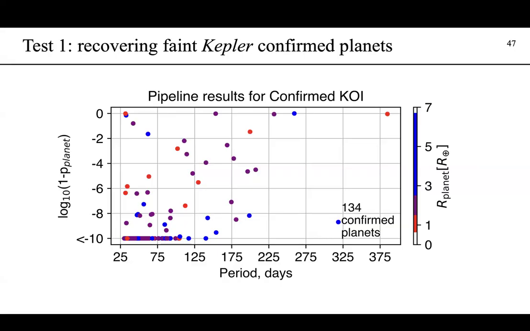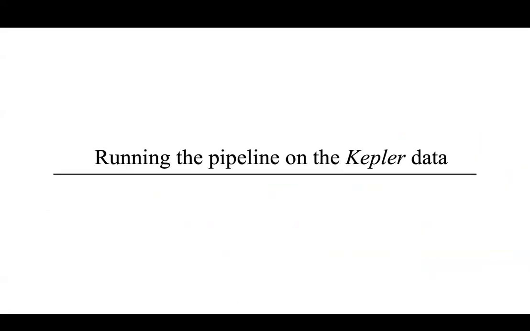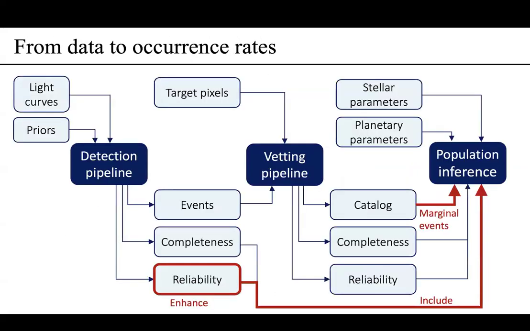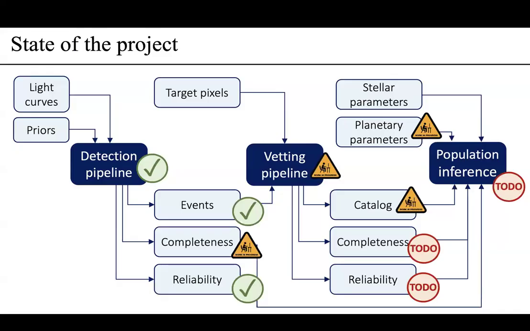So we need to implement the second step of the pipeline and test them against binaries or some other scenarios, which is also hard. The vetting pipeline that people usually use is very hard to operate on low signal to noise events, because you don't have any information about the shape, the centroid, or something.